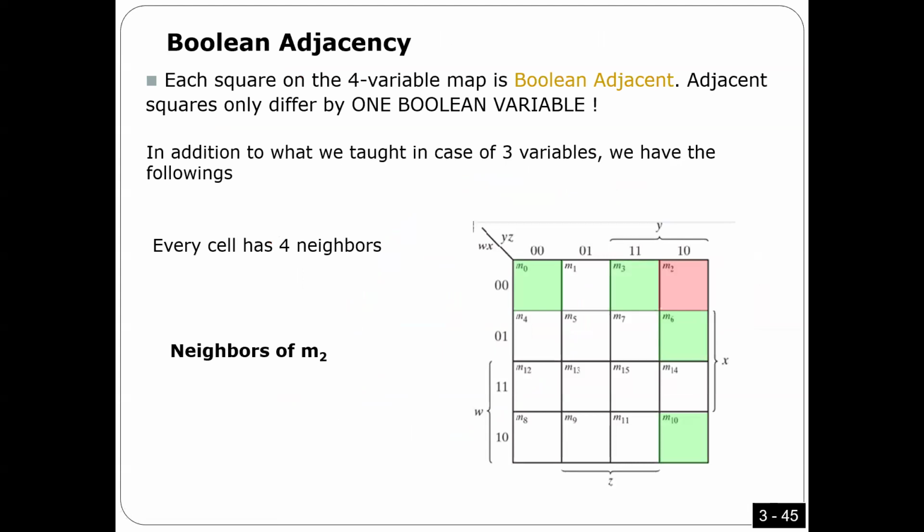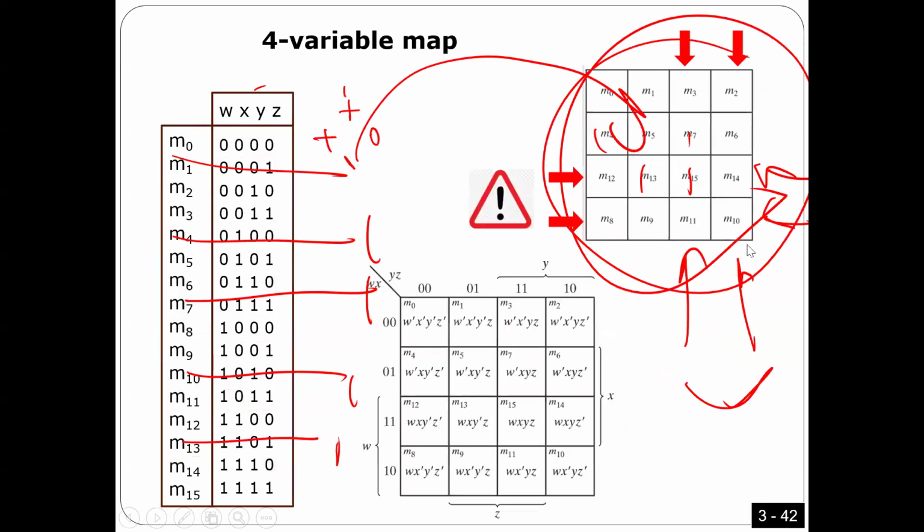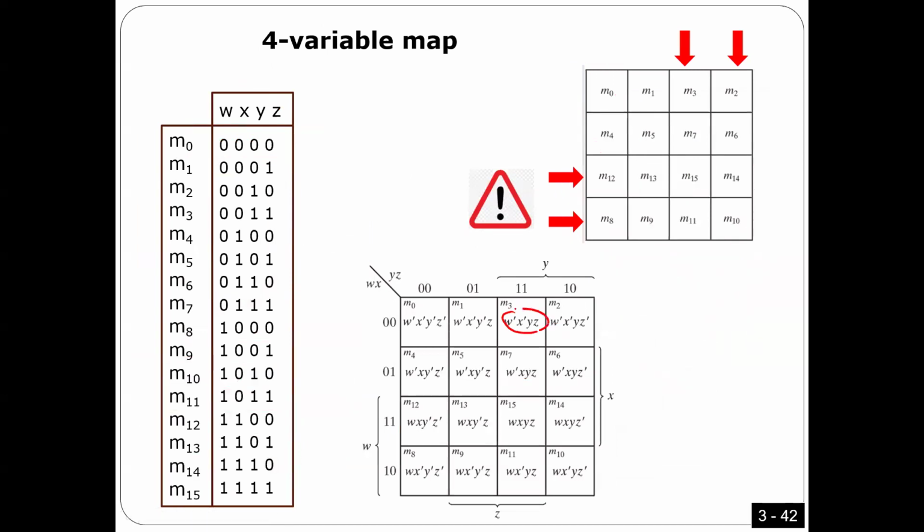Same thing as what I explained before, I need to know the neighbors, okay? Who are the neighbors? Exactly the same thing I explained before, but the difference is, in the case of 3 variables, every cell had 3 neighbors. Now, every cell has 4 neighbors. And I will use the same definition I used before for neighbors. Two squares are neighbors if there is only a change in one variable. Okay? So for example, if I come back to here, are these two neighbors or not?